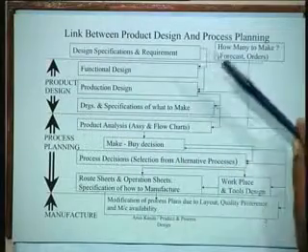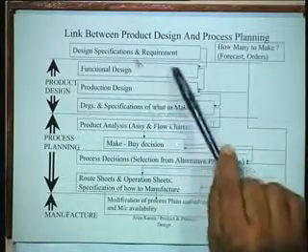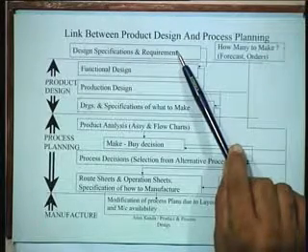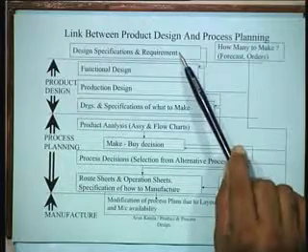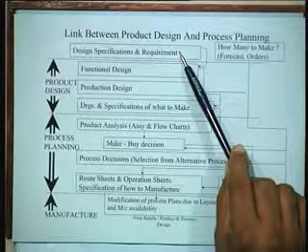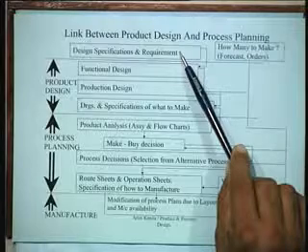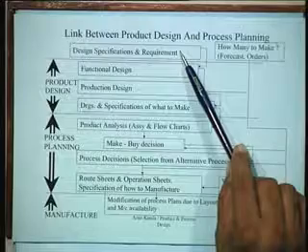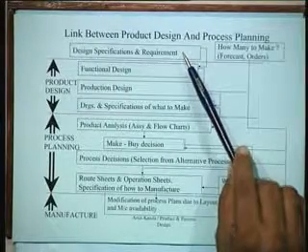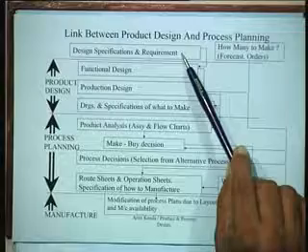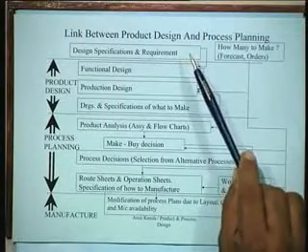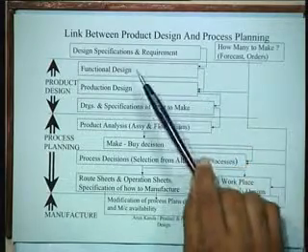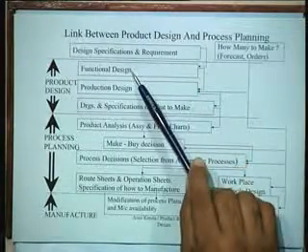Product design requires essentially the design specifications and the basic requirement that the customer wants for the particular product. And we have already seen in previous lectures that there are various methods available for gathering customer opinion, like QFD, and talking about developing the design specifications from the customer. From this design specifications and requirement, ultimately we develop what is called a functional design.